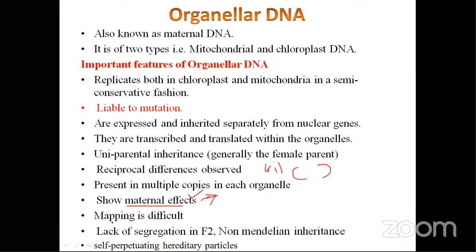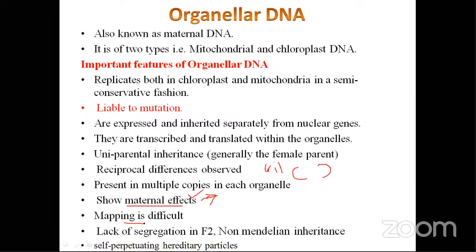Okay. Then mapping is difficult because they tend to harbor many sorts of mutations and all those things. That's why mapping is a bit difficult, and we have not explored much about this. Then they do not show segregation in F2 or Mendelian inheritance.